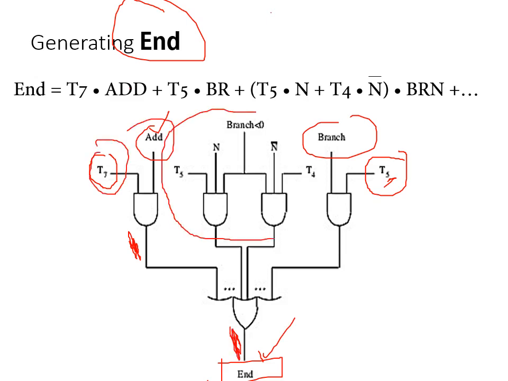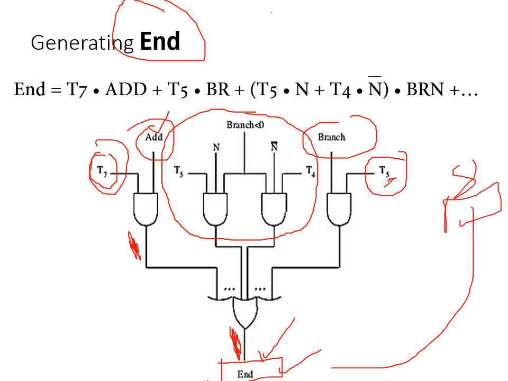Similarly, they have discussed here conditional execution, which is not discussed in your syllabus but is directly given in the diagram. So this end is also connected to the step counter, because once the end basic step is executed, a new instruction comes under execution, so the steps have to be recounted. Similarly, this end is also connected to the instruction register.